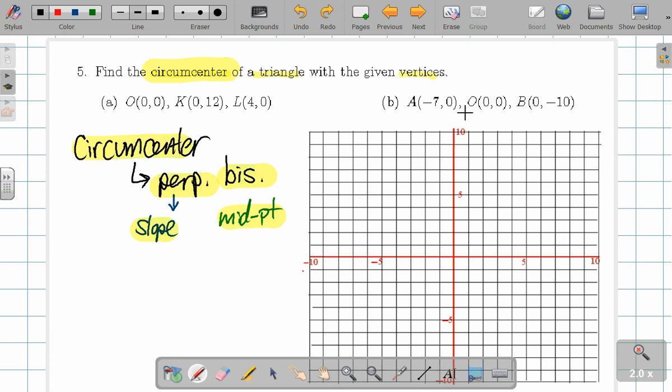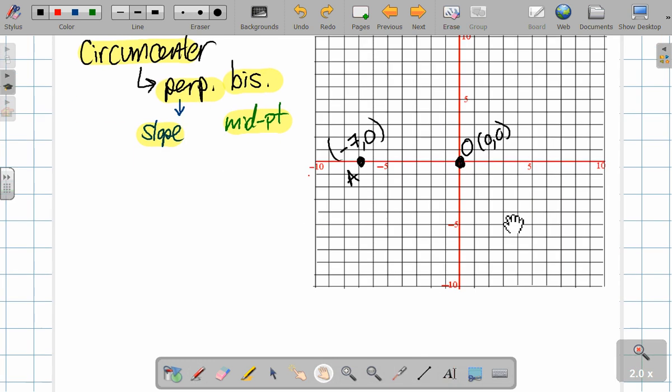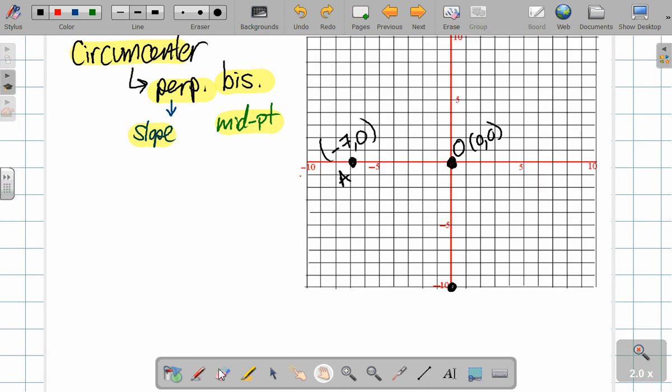So -7, 0. Okay, remember you're using a straight edge for everything.